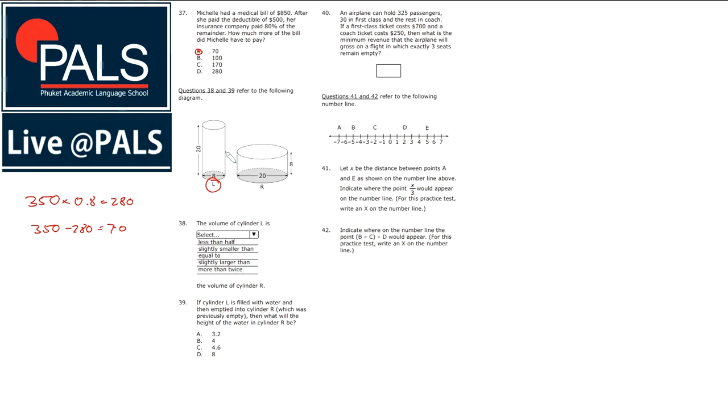Okay, so the formula for the volume of a cylinder is the area of the circle times its height. Area of a circle is 2 pi r squared. If you don't know that, there's a formula sheet, times the height of the cylinder. Radius is half the diameter, so the radius here is 10, the radius here is 4.